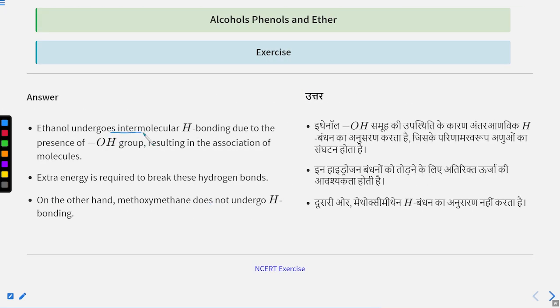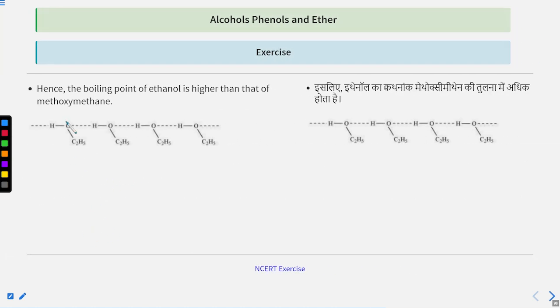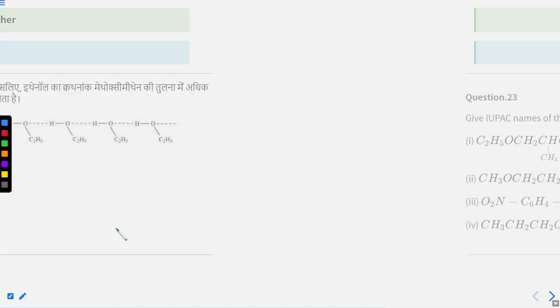So ethanol undergoes intermolecular hydrogen bonding due to presence of OH group, resulting in the association of molecules. Extra energy is required to break this hydrogen bond. On the other hand, methoxymethane does not undergo hydrogen bonding. So you can see here very clearly the hydrogen bonding is being formed between the oxygen of one alcohol and the hydrogen of other alcohol. Clear?